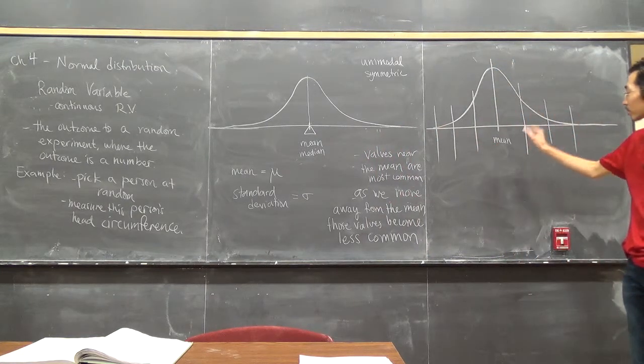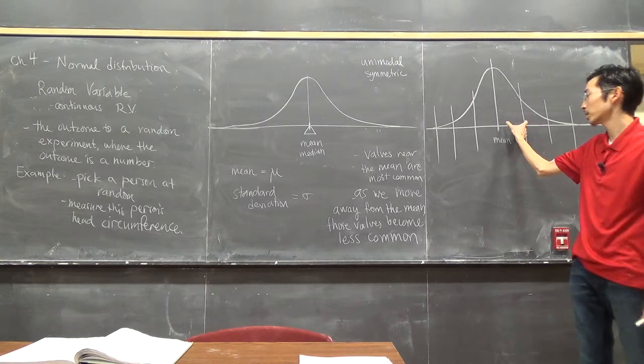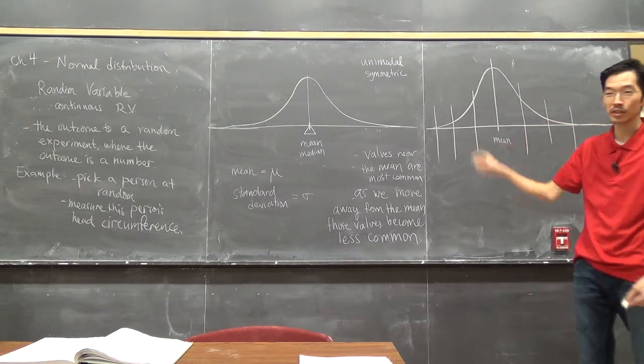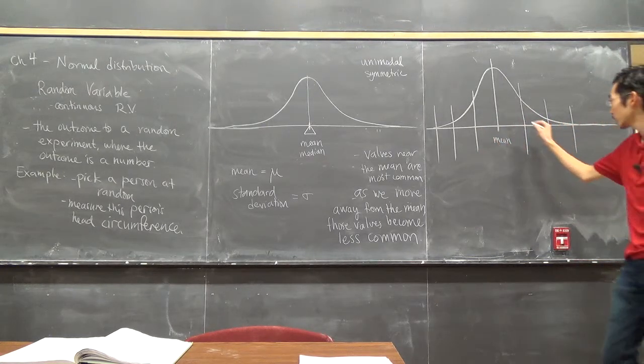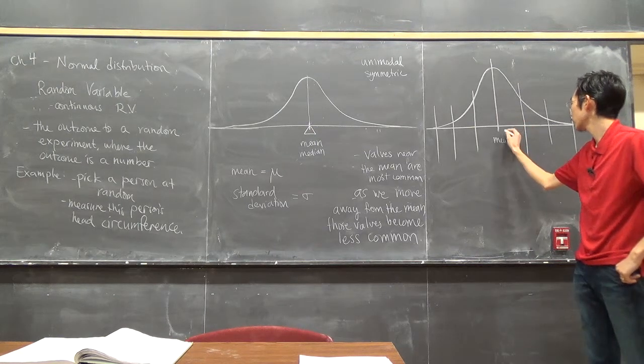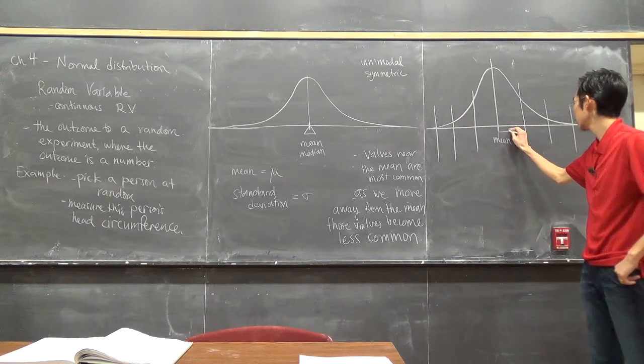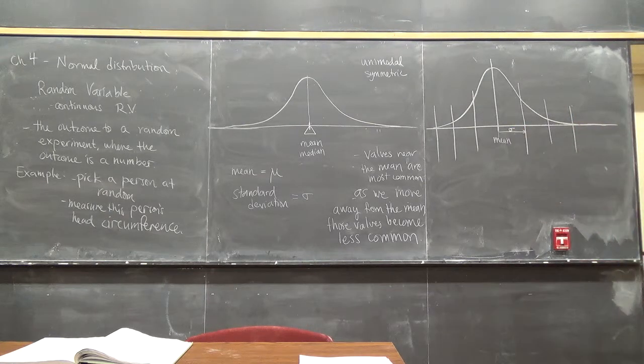If my picture were accurate, the spaces between these lines are all equal, okay? And this distance here is 1 standard deviation, so I'm drawing a sigma right there.